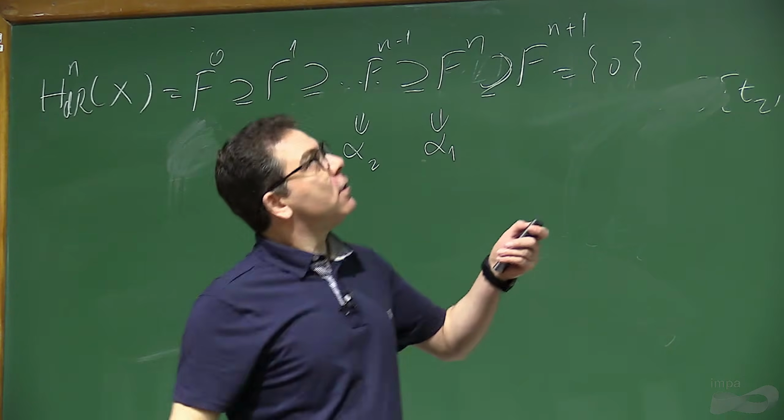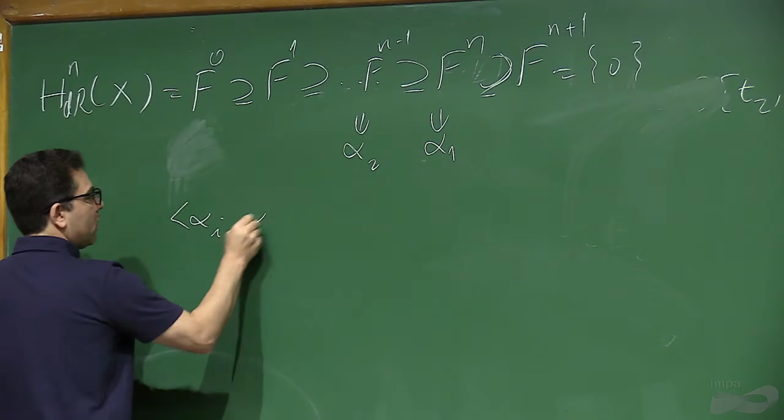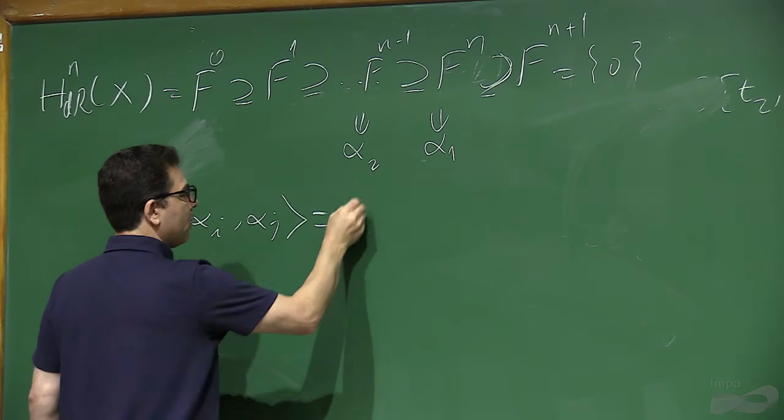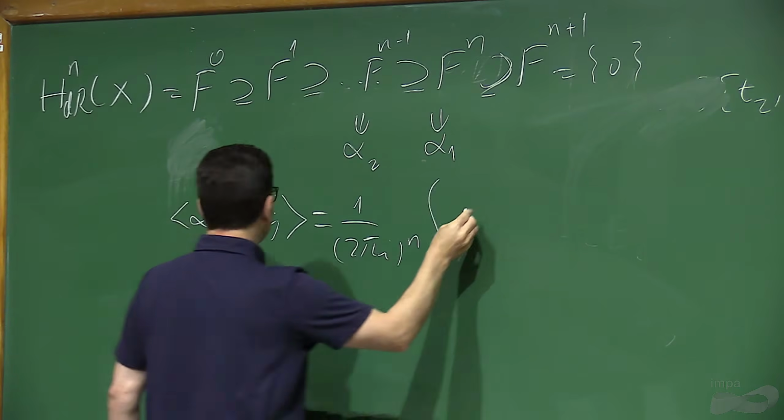So, and also the intersection form matrix here, it also should be a constant matrix. By intersection form matrix, intersection form here we mean this integral.